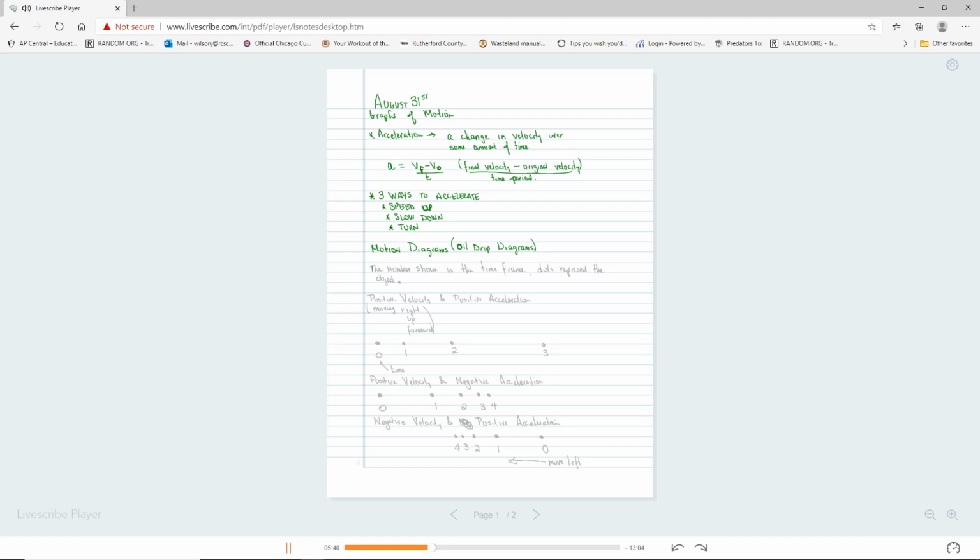And the number shown is the time frame. Dots represent the object.